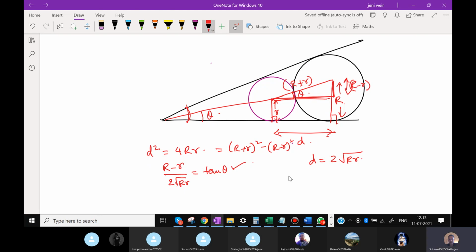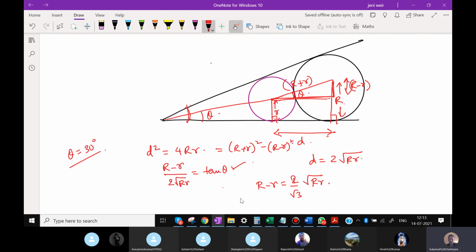So suppose, for example, the full angle is given as 60 and theta is 30, then this equation will become R minus r equals tan 30, which is 1 by root 3 into 2 root over R into r, right?